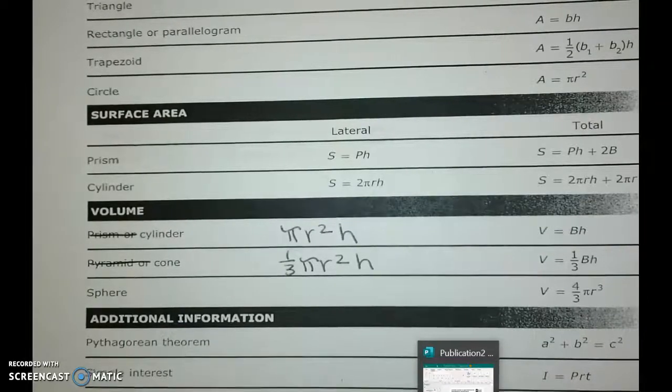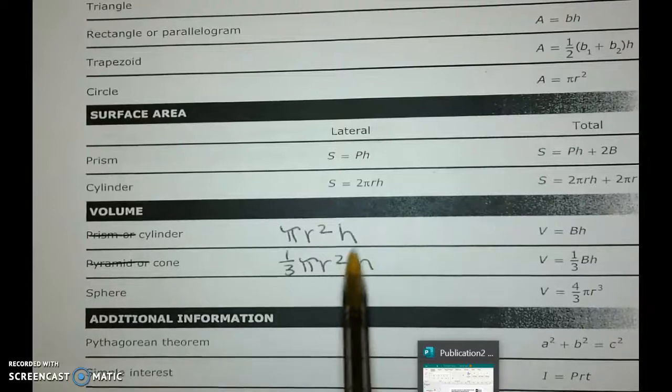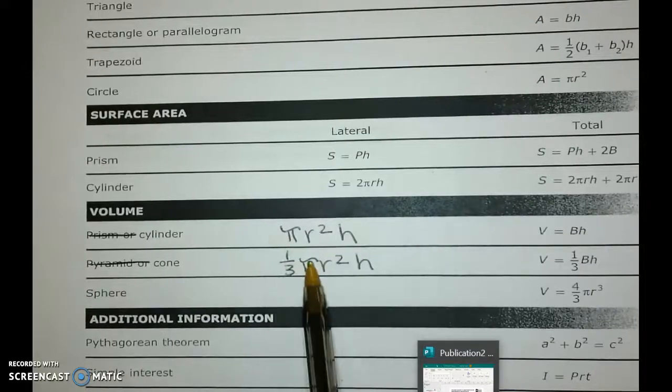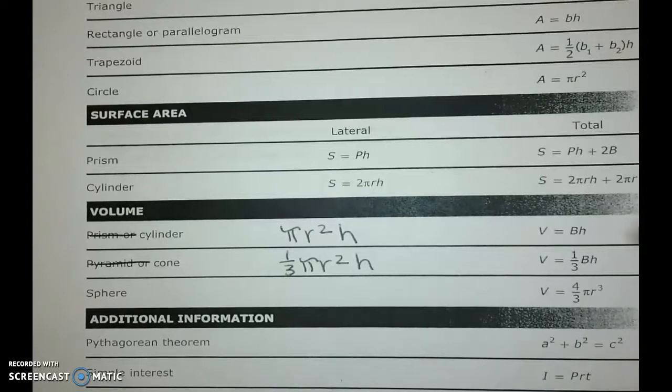So in an instance when it gives you a radius or a diameter in your problem, you're going to use one of these two depending on the shape. If it says something about area of the base, then you're going to end up using this formula, sorry. So I'll show you in a little bit which kind of problems we're using these for.